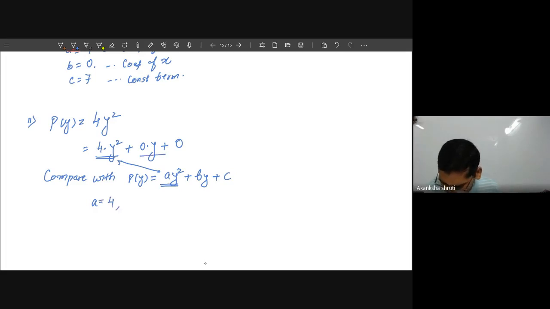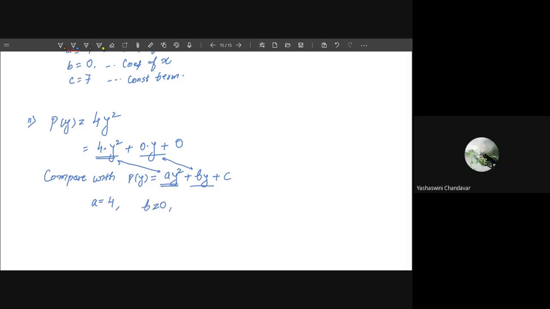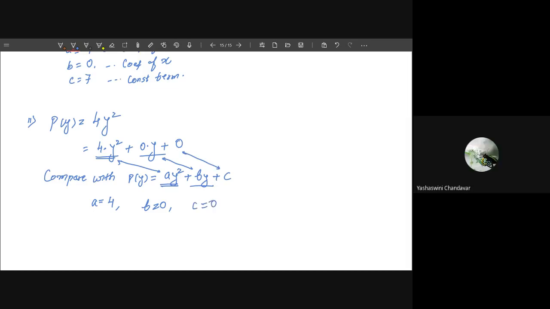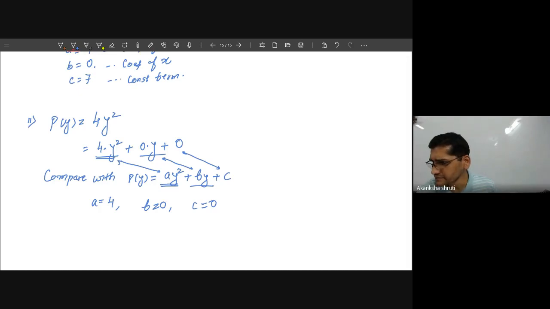Comparing y with y, what is b? b is equal to 0. Now comparing the third one, c is also 0. Yes, students? So this way you can quickly identify what are the constants and what are the coefficients. Here the coefficient of x and the constant term are 0.